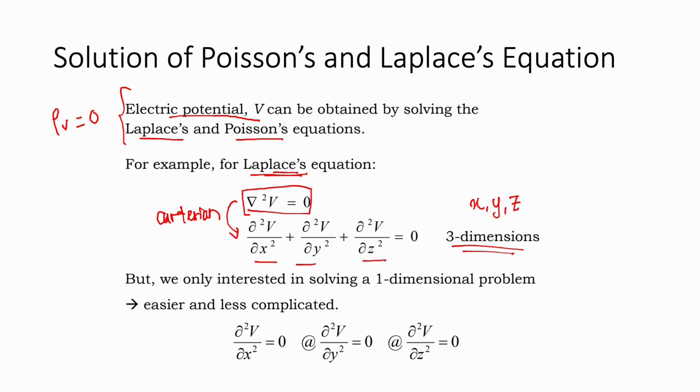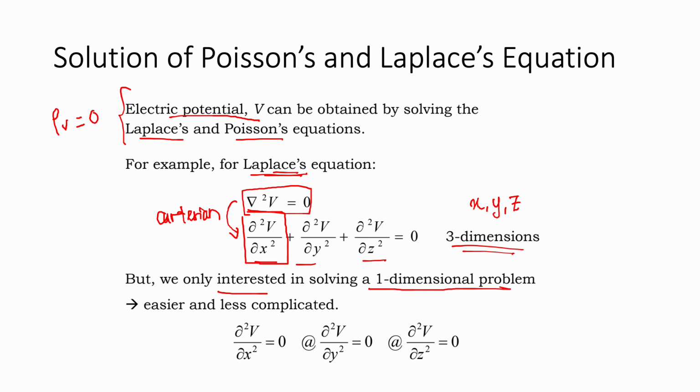So we're going to have three particular dimensions. But in this course, at your level of study, we are only interested in solving one-dimensional problems, meaning that we will only be interested in one variable. It will be mentioned to you which variable you need to calculate.